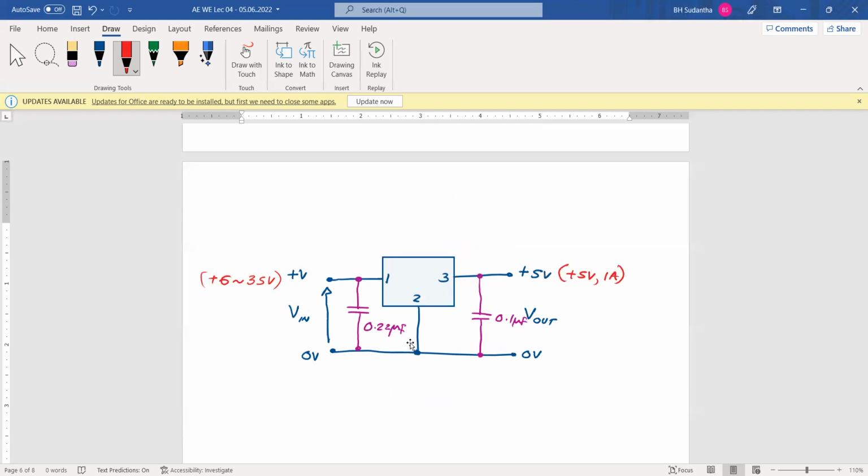You will have a regulated voltage power supply if you add this to your cheap power pack. Inside that power pack, there is no voltage regulator, as we discussed earlier. It's only a transformer, a couple of diodes in a bridge circuit, and maybe a capacitor.